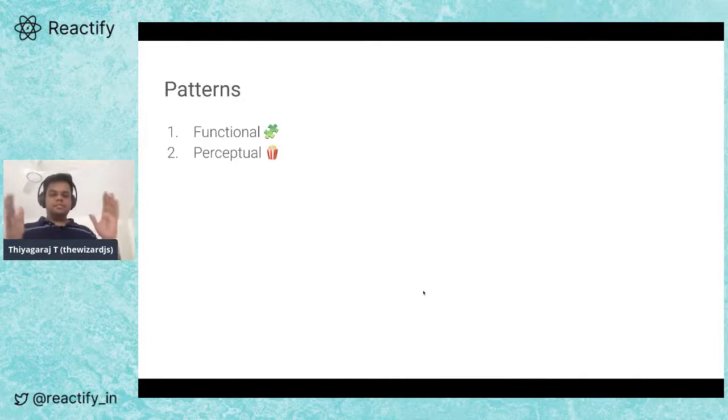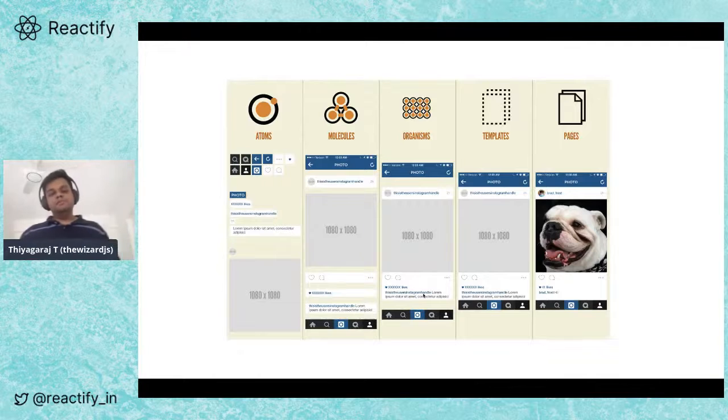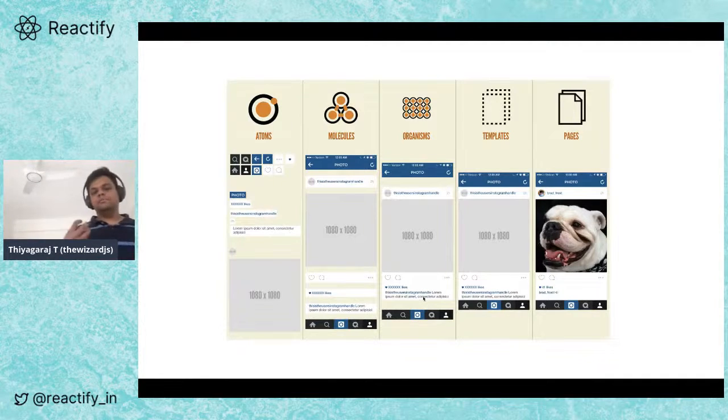So there are two vast categories, and there are some people who would say there are more. Yes, there are more divisions, where we say there are atoms, molecules, organisms, templates, and pages. I'm the kind of person who would say atoms, molecules, and organisms make sense, and probably I might merge pages and templates in one place. Based on your requirement, you can cherry-pick what works for you.